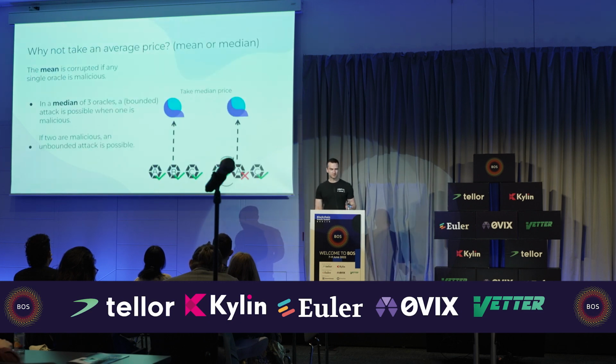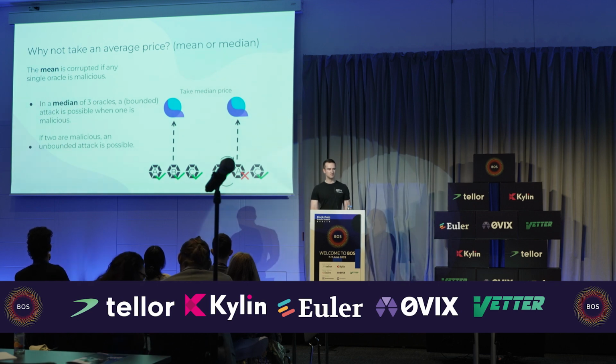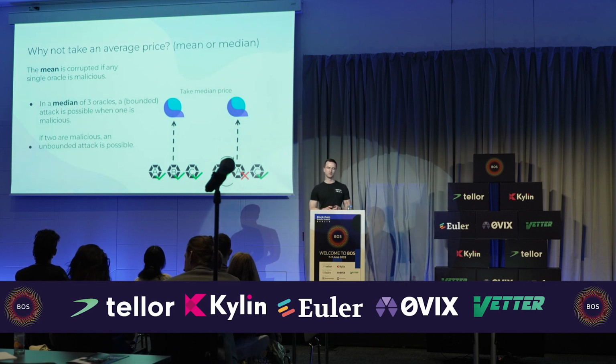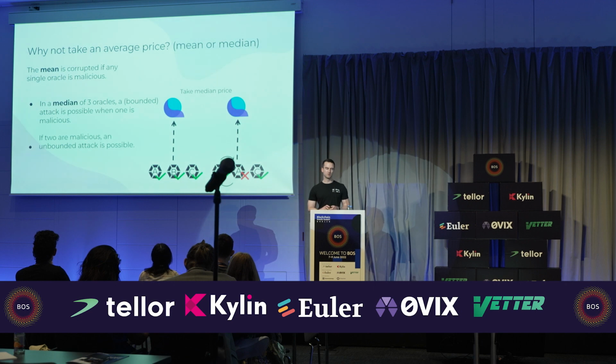So why didn't we take an average price of multiple oracles? Well, if you take a mean, it's kind of useless, because if one oracle is dishonest or giving bad data, then the mean is corrupted. If you take a simple median, then if somebody controls, say, the weakest oracle, they can insert themselves into the middle and become the source of the price for our system.